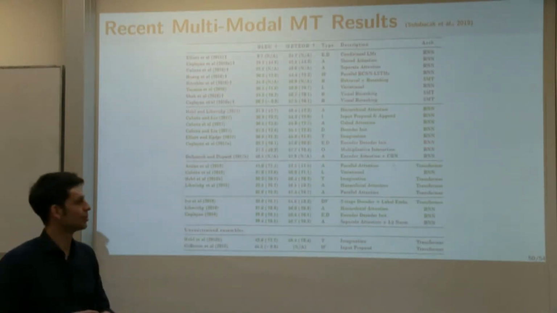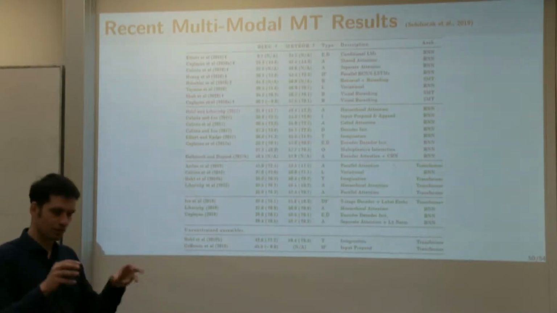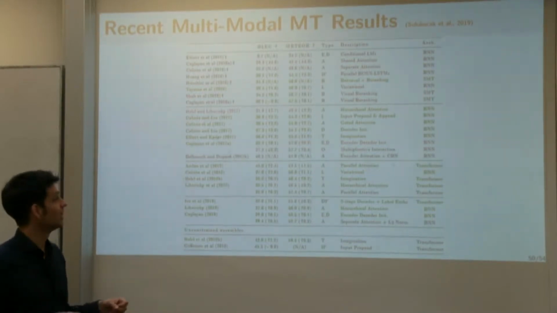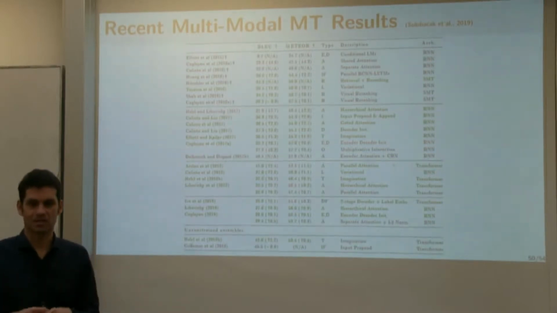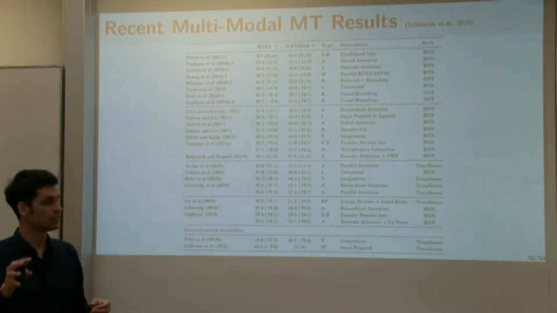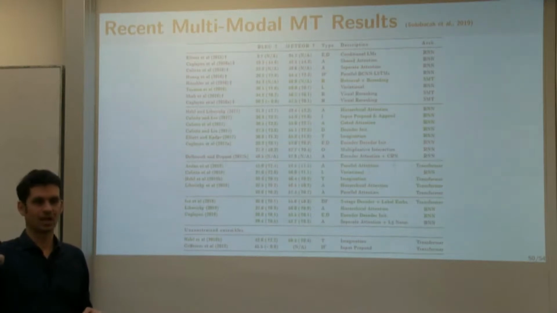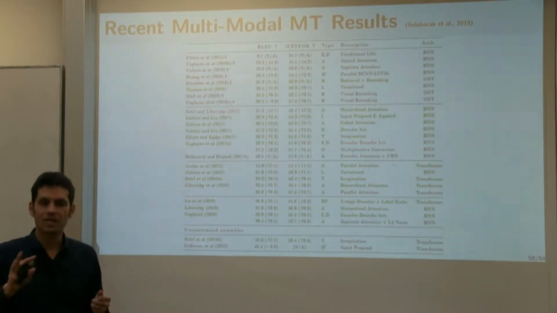What people also use is parallel attention, so running these two attentions and not combining them directly. People also use imagination, and that's another multitask setup. There the encoder is processing the input text, and it is trained with the objective to produce the target text and produce the target image representation. So it is like thinking what the image could be.